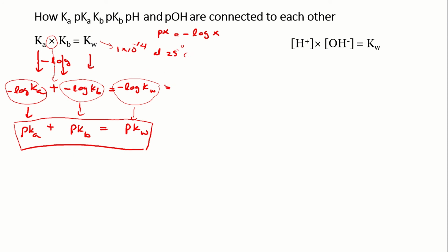So I'm going to take the negative log of this value at 25 degrees Celsius. What will you end up? If you do the calculation, you will get 14. So pKa plus pKb equals pKw, which equals 14 at 25 degrees Celsius.